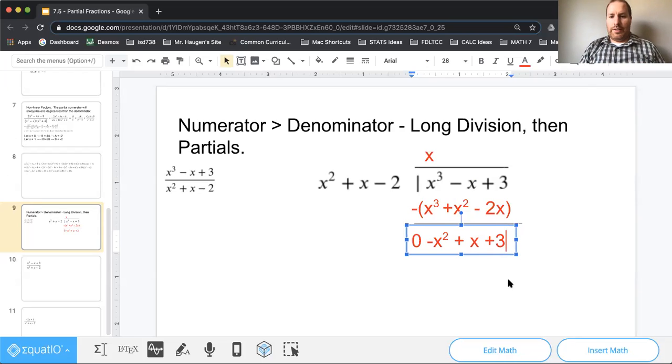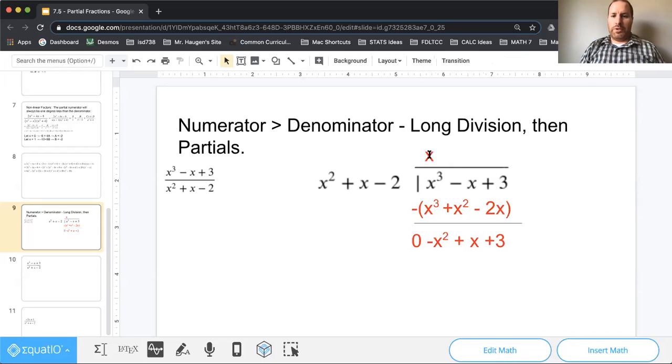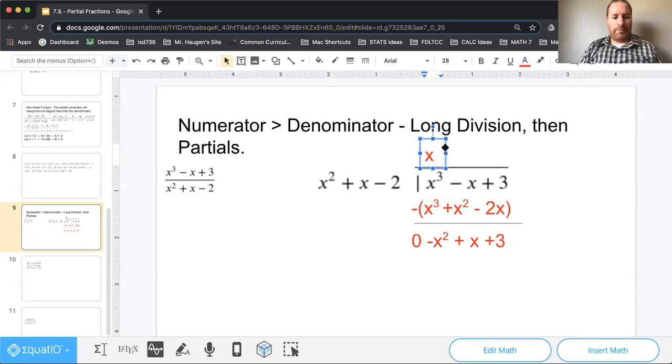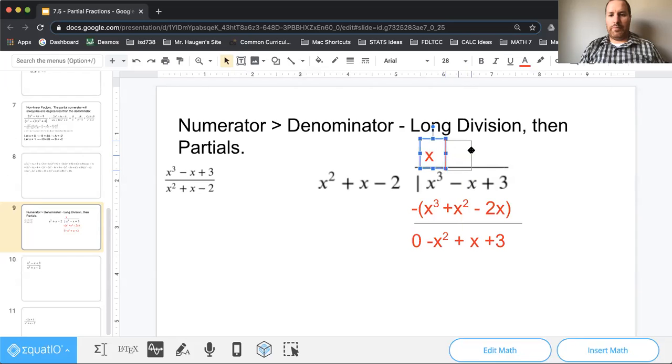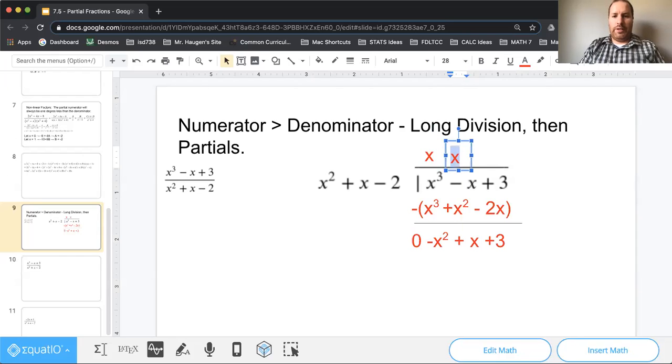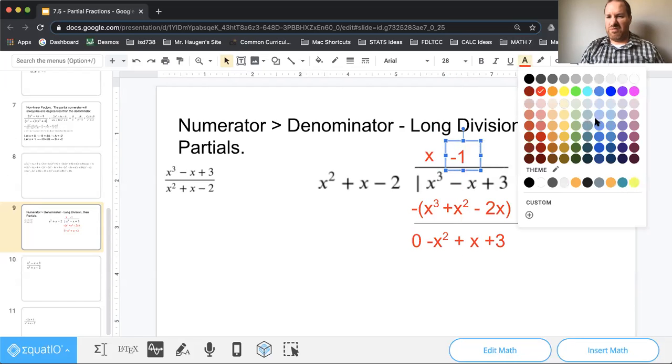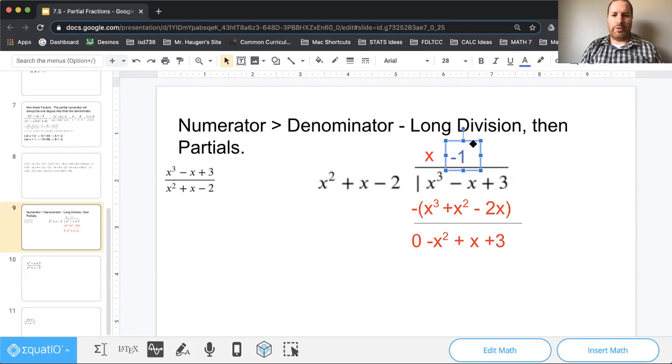And then after this is done, we go back up top and ask, what else do we need to put in there? We need something times x squared, so that's going to be a negative 1. Let's put that in blue, so we'll change this one to this kind of blue color. When we do our multiplying, again, we are going to subtract that value away.